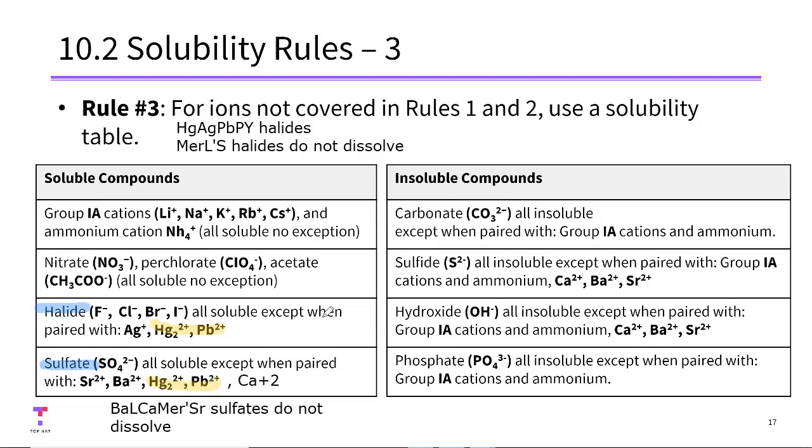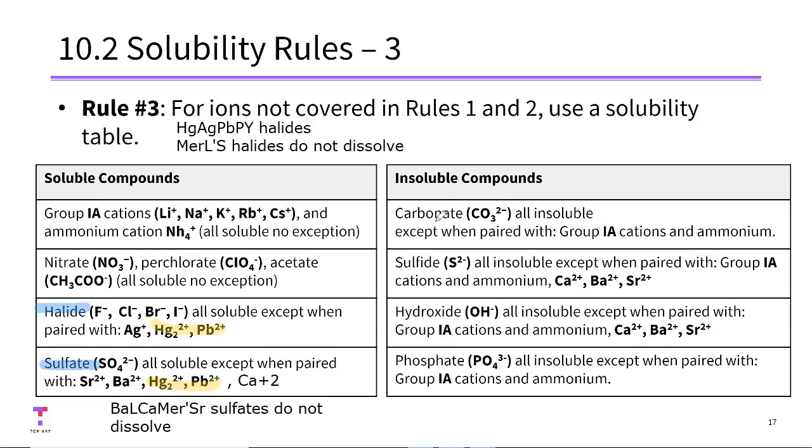Now, the good news is those are the hard exceptions. On the insoluble side, the exceptions generally tend to fall on the bottom of that cake. Meaning the ones that are soluble are the ones that are always soluble anyway.